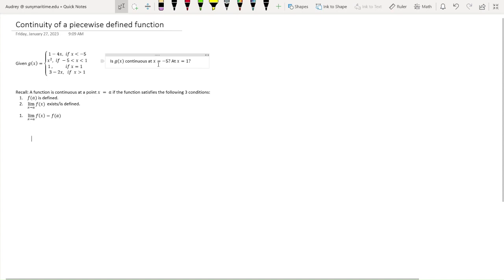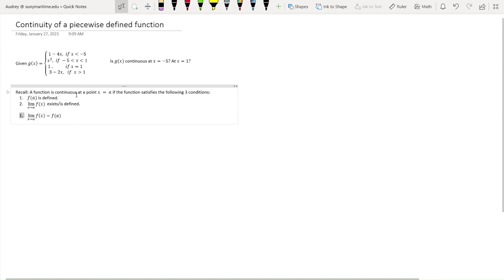But if we're looking at a point at the end point of the interval, which is the case here, the cutoff is at negative 5 and then at 1, then we really have to go through 3 steps here.